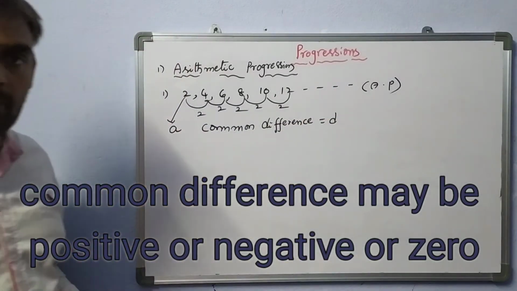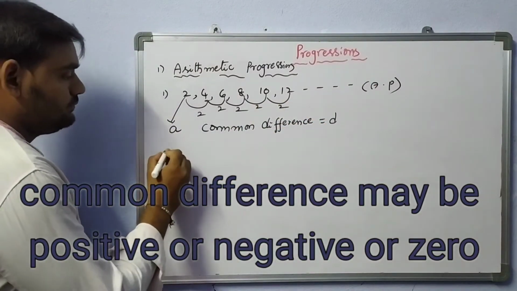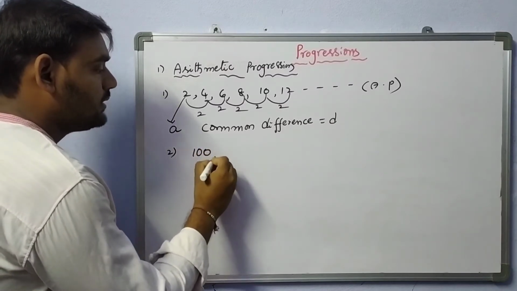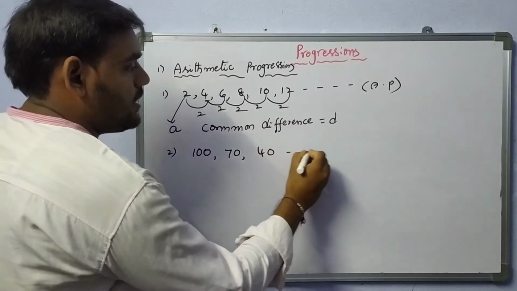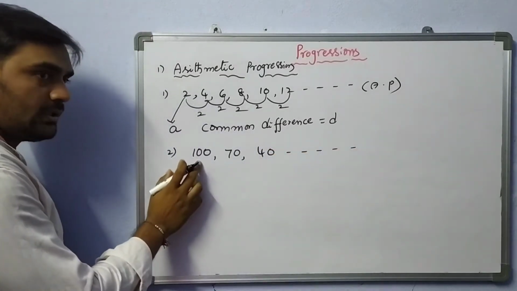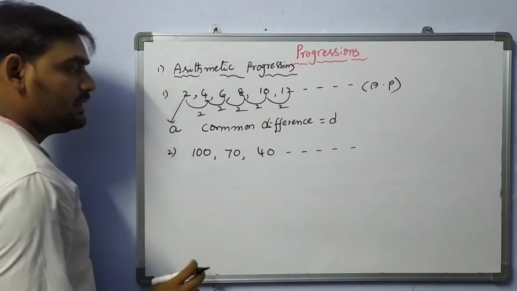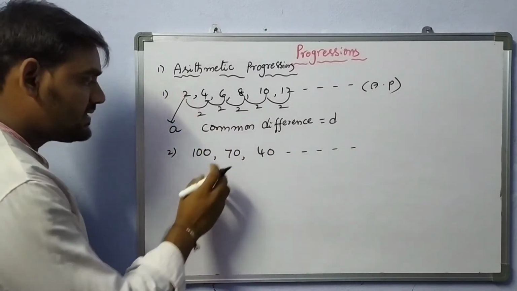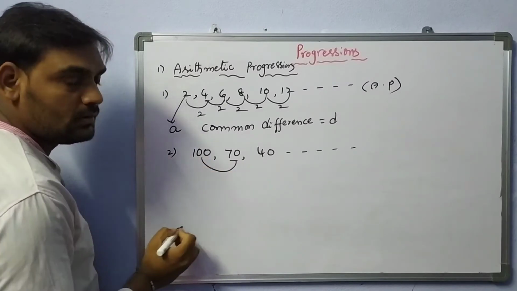We will take one more example for arithmetic progression, like 100, 70, 40 and so on. Except the first one, each and every term of the sequence has the same difference with its preceding term. See here, take this one. What is the difference of this one?